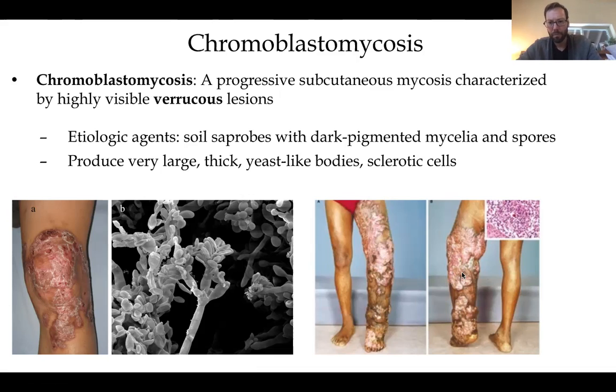And so you get these sclerotic or scar tissue cells that just form this giant wound on the outside of your appendage. This would be something that would have to be surgically removed, if removed at all.